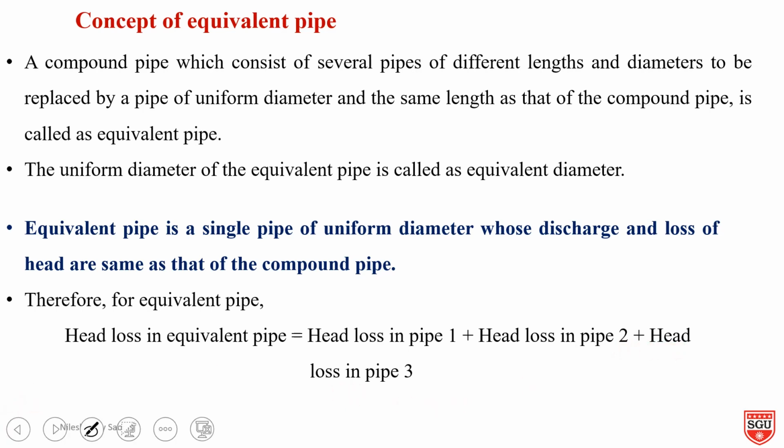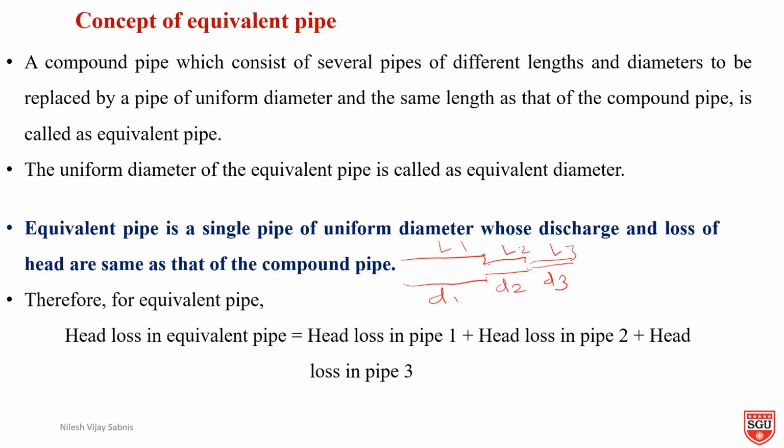Suppose there are three pipes, one of this diameter, another of this diameter and another of this diameter, D1, D2 and D3. The lengths are L1, L2 and L3.